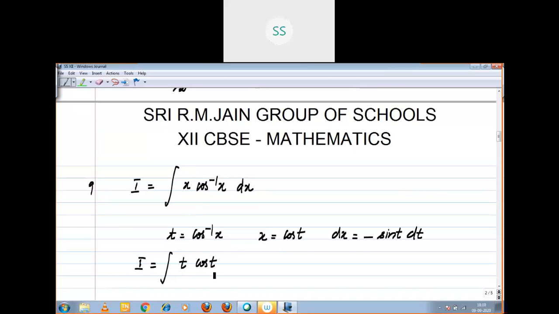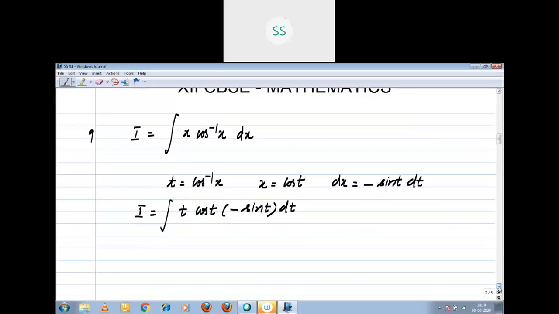In the integral, everything comes under t. The dx also you have to write in terms of dt, right? Minus sin t into dt. Got it, children? Integration is complicated, so you are converting the inverse trigonometry into trigonometry.